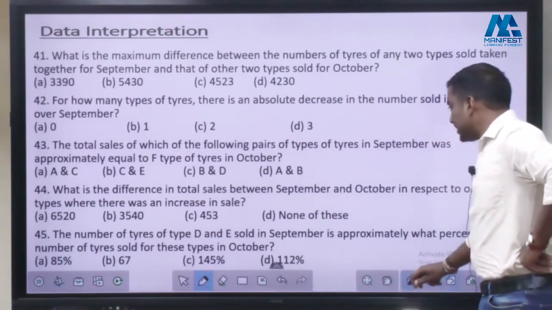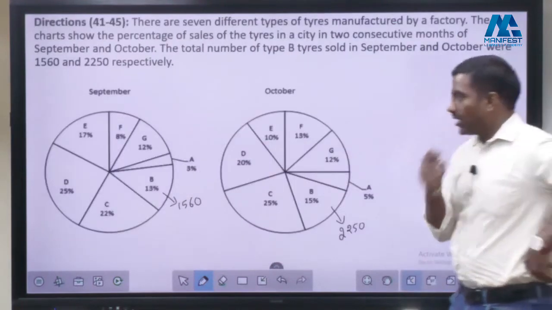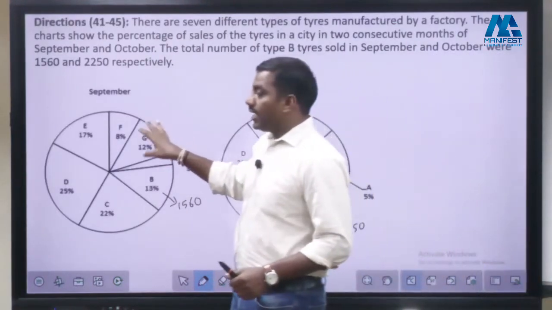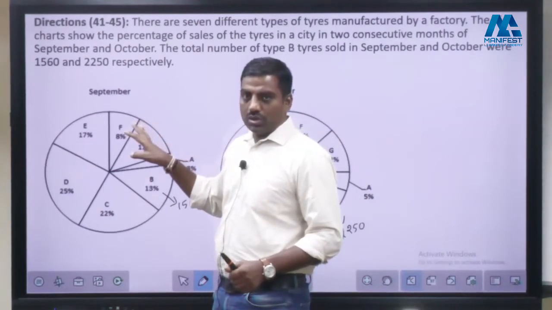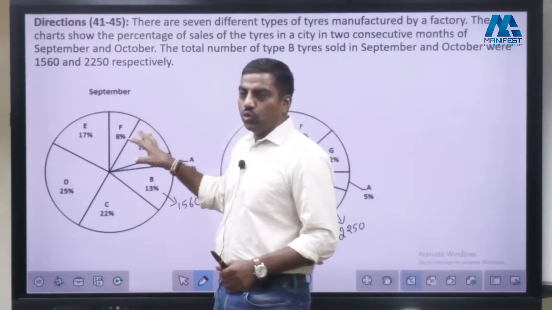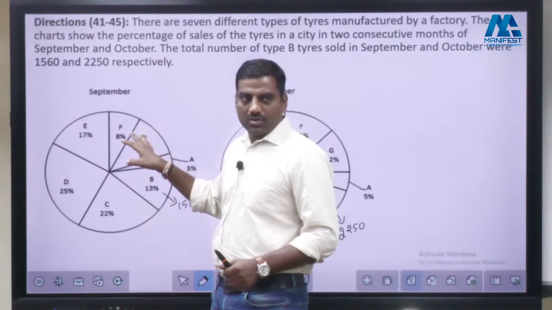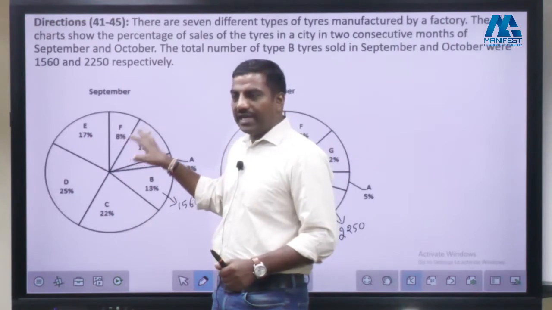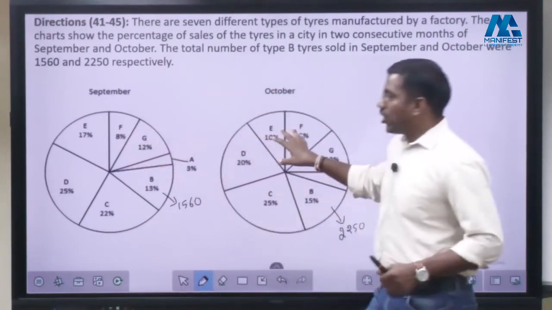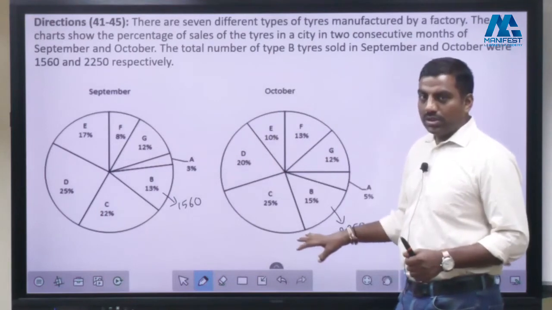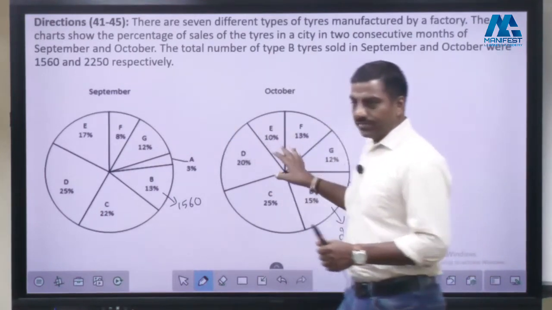I'll try to make sense of the question. Here you have to take any 2. You have to take any 2 here. Here also you have to take any 2. These are in percentages.